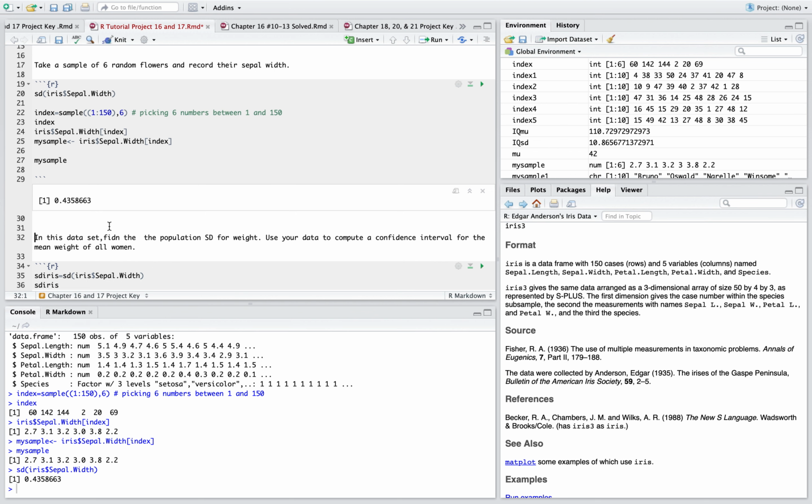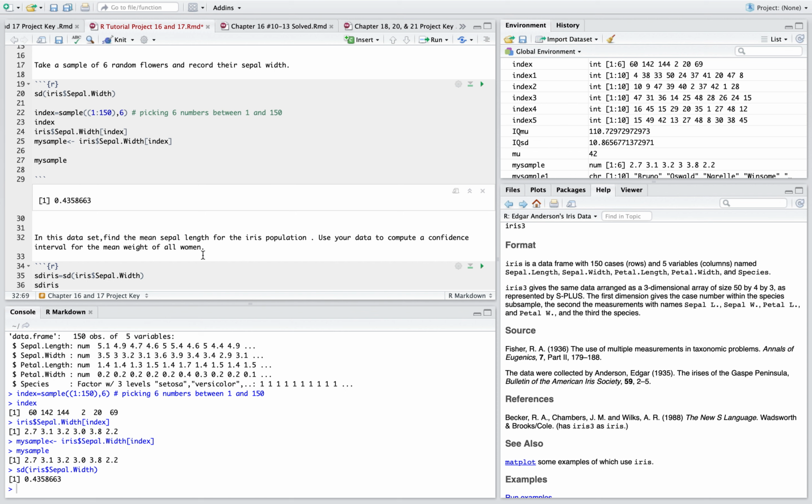So in this data set, I want to find the mean sepal length for the iris population.